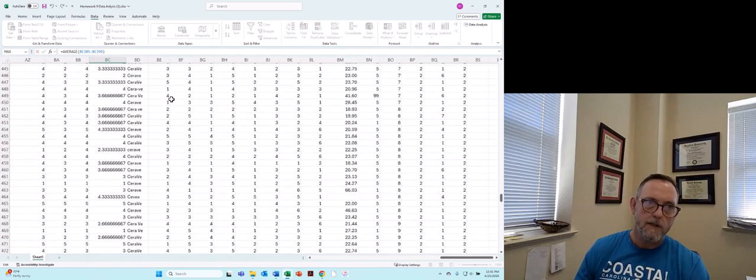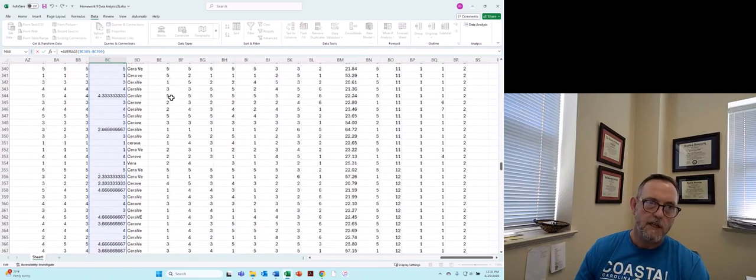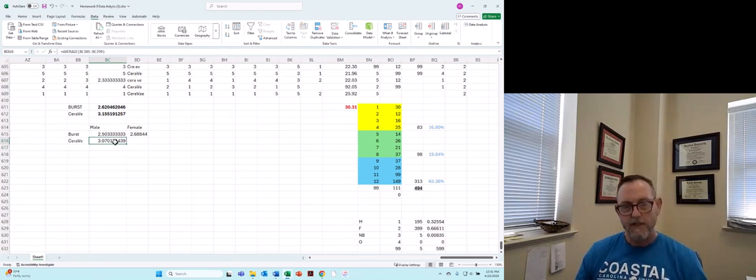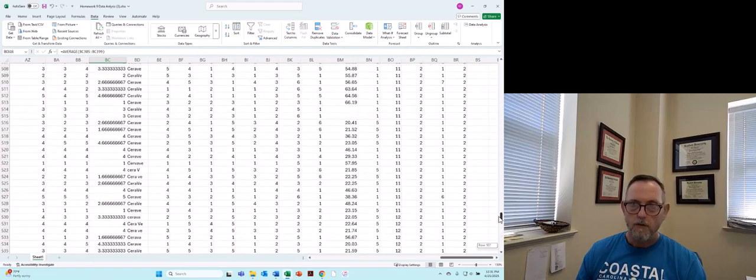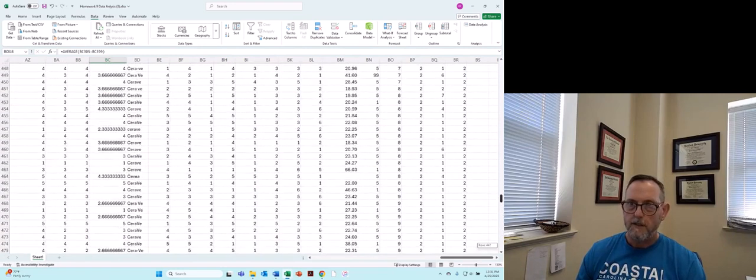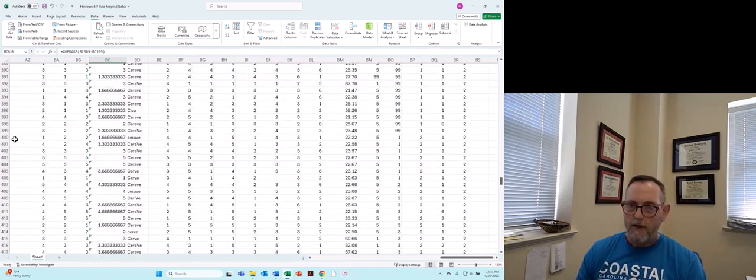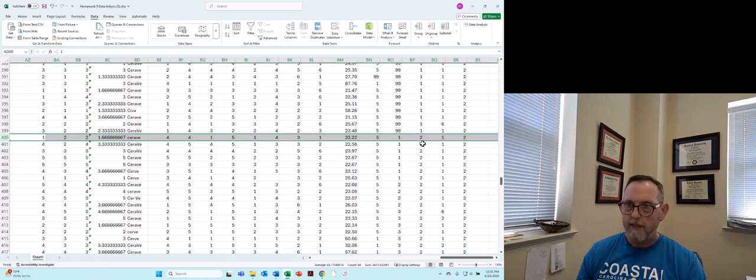You can kind of see where this begins. So it's this column of data there. And again, it's CeraV, so we're going to expect a higher number. And then we're going to do the females. It will be starting right here after 399, because we have the females starting here at BP where the 2 is.